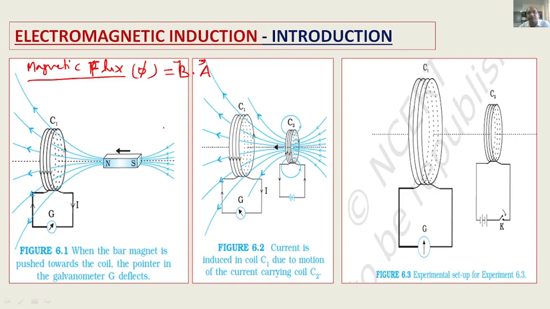So if there is a surface having area A, and if the magnetic field is in this direction, then the normal to the surface, that is N, will be at an angle with B.